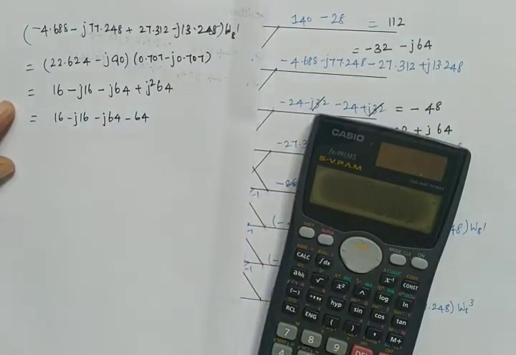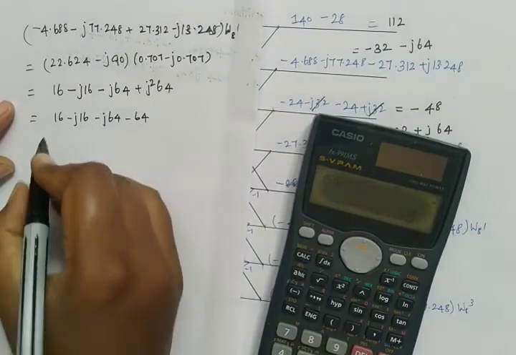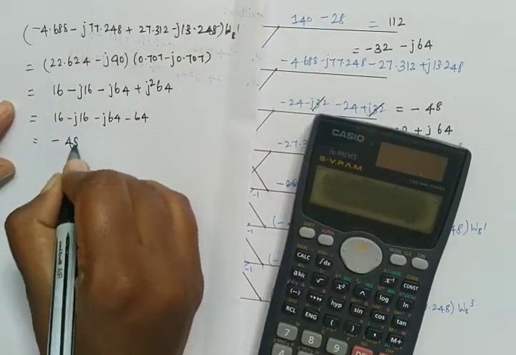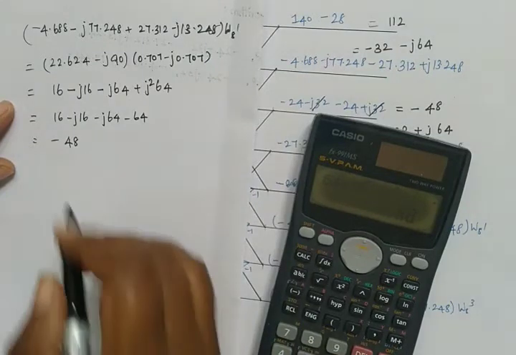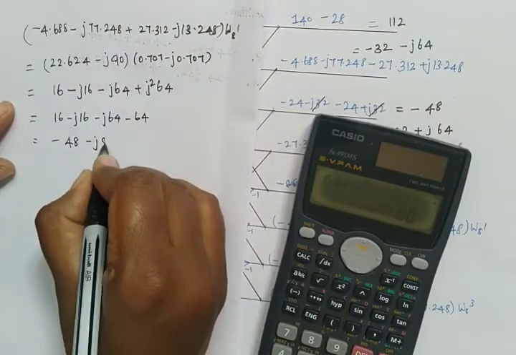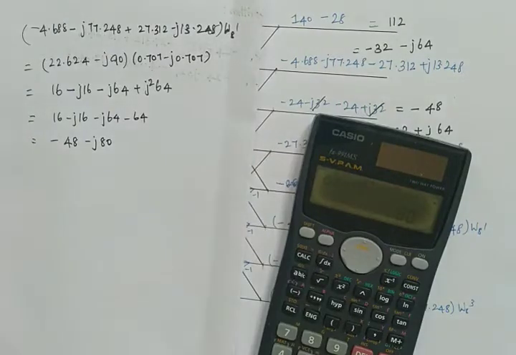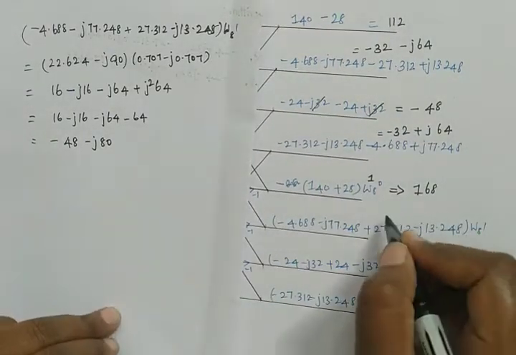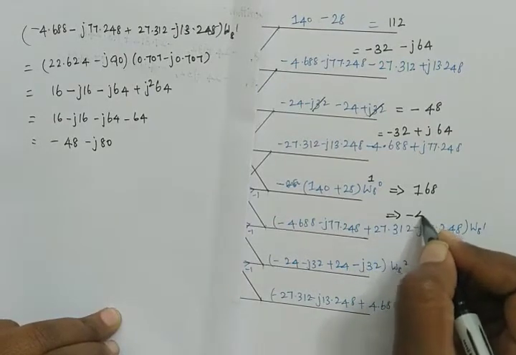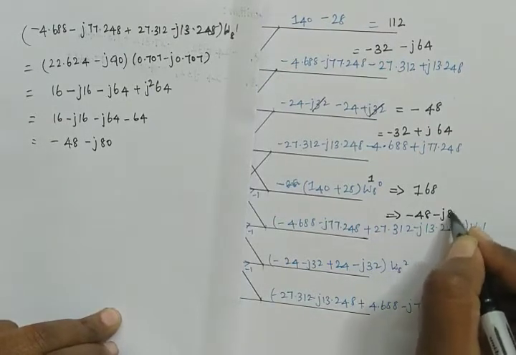So 64 minus 16 is equal to minus 48, and here we have 64 plus 16, which is 80, minus j 80. Therefore the answer for this is minus 48 minus j 80.